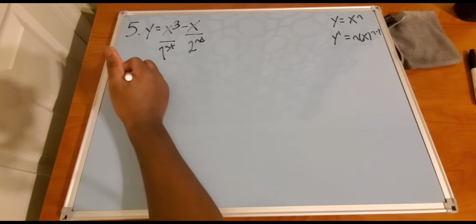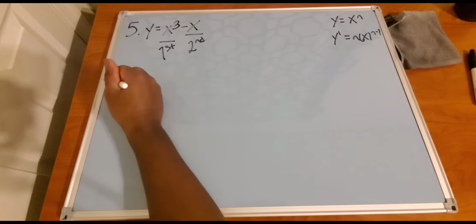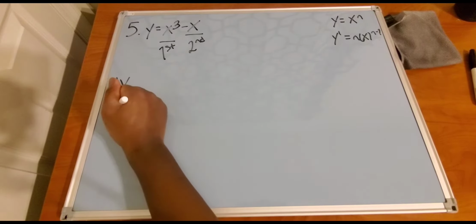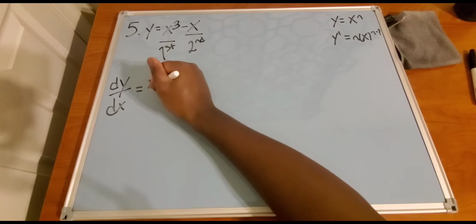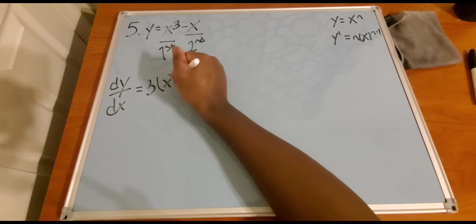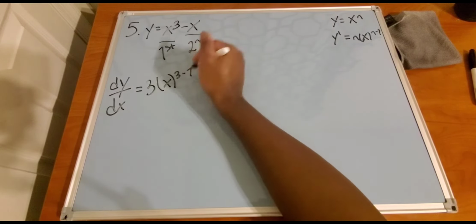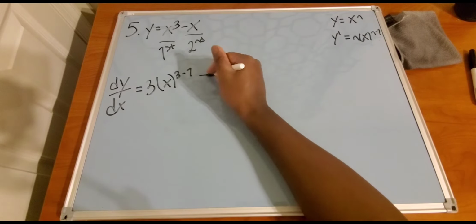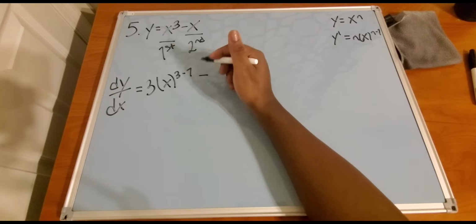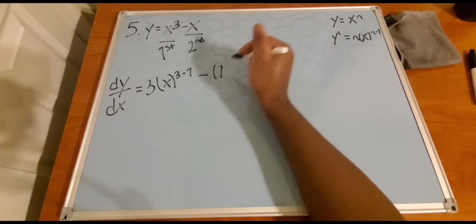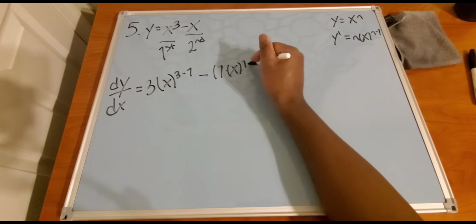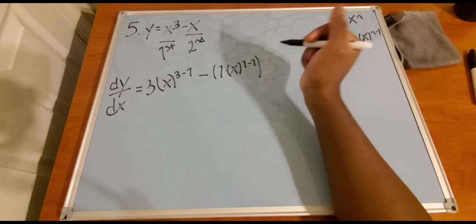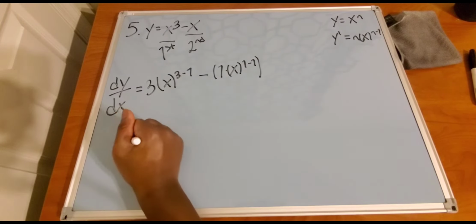So let's do it for the x cubed first. The derivative of y with respect to x will be equal to, bring down the 3, times x raised to the 3 minus 1, that's the first one, minus, that implies an x to the first, so bring down a 1, times x raised to the 1 minus 1, close parentheses, and we can simplify this down.